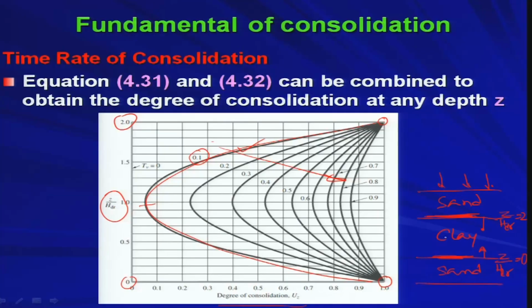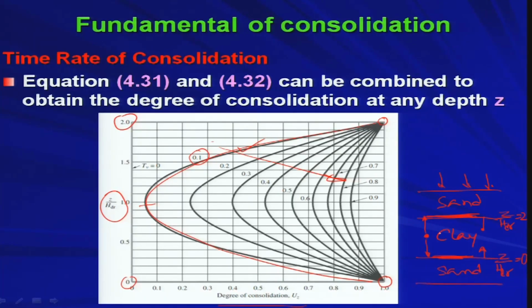Because a water particle at the middle will take some time to go either towards the top or the bottom interface to drain out from the clay deposit. That is why the degree of consolidation will be minimum at that location, because degree of consolidation is directly related to how the excess pore water pressure is getting dissipated.